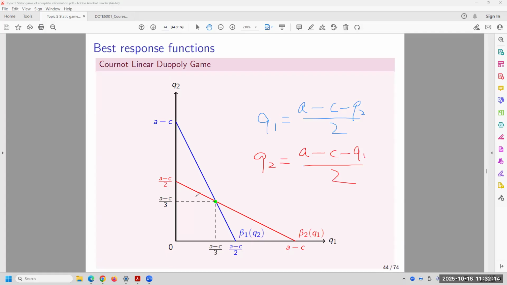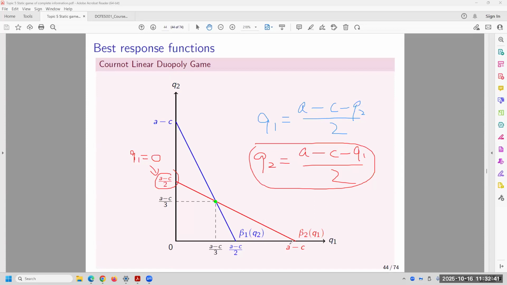So how can we write this line? Just plot them. Let's plot the red one because I'm in the red region already. When Q1 is 0, Q2 is A minus C over 2, because when Q1 is 0, it's monopoly. Monopoly is just half of the market, that's the best thing to do. So this is the outcome here.